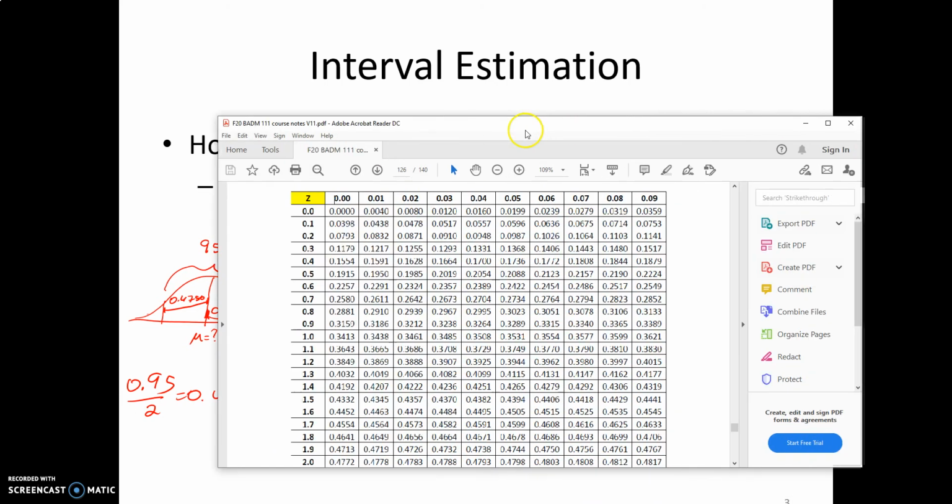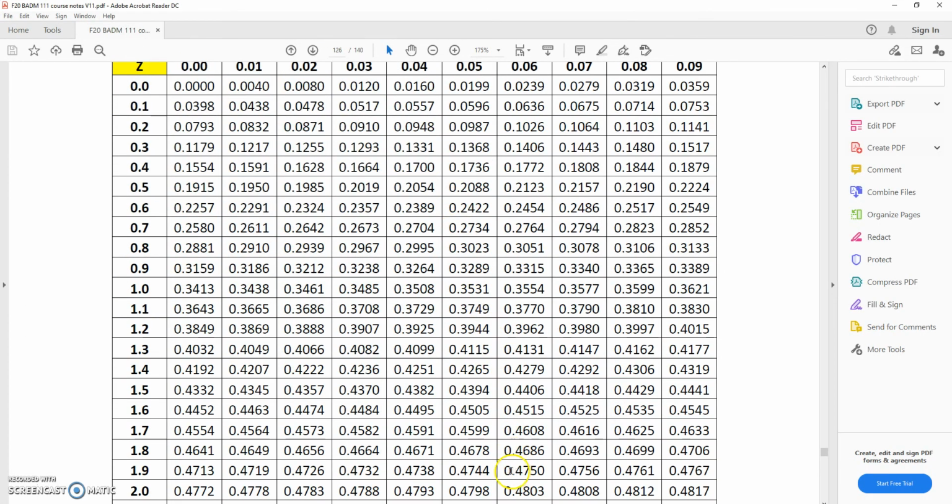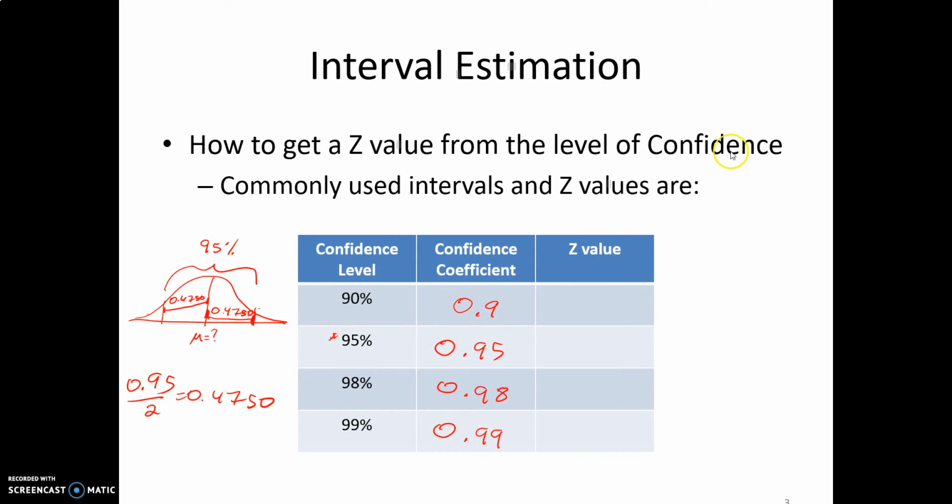So if you go into the normal distribution table, we have an area value of 0.475. 0.475 is right there at a Z value of 1.9, and we go up to the column 0.6, so 1.96.